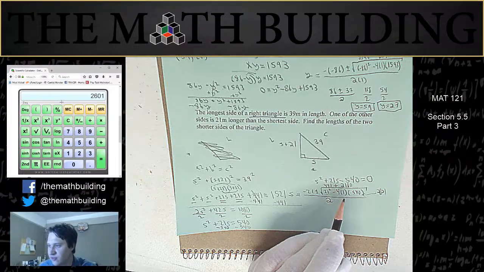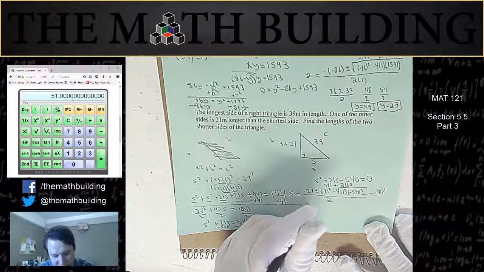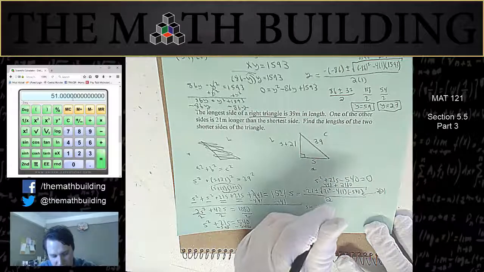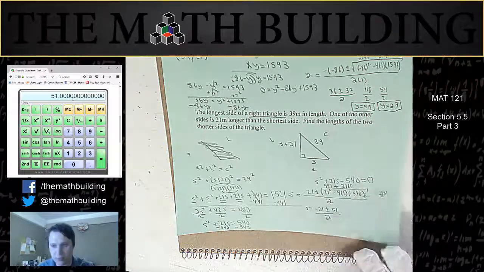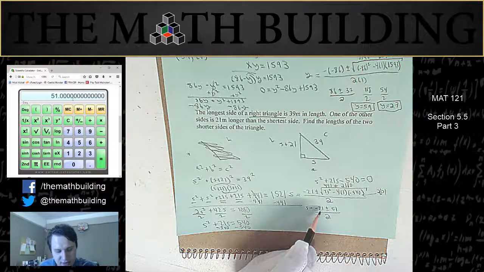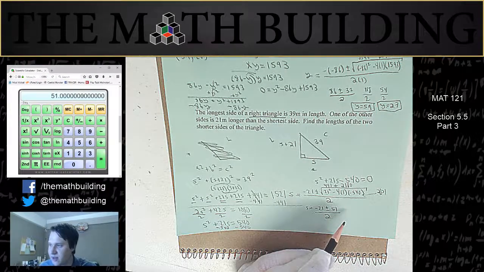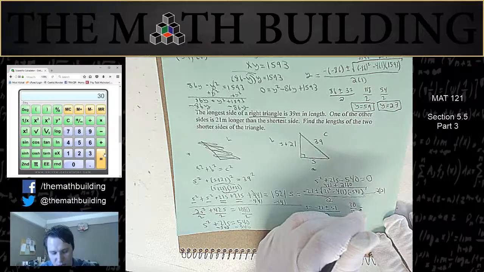So let's see if that has a square root. It does. It is equal to 51. So here we go. S is equal to negative 21 plus or minus 51 all over 2. That will generate two answers for us. Let's do the plus first. Negative 21 plus 51 is the same as 51 minus 21, which is 30. So the first is 30 over 2, which equals 15.